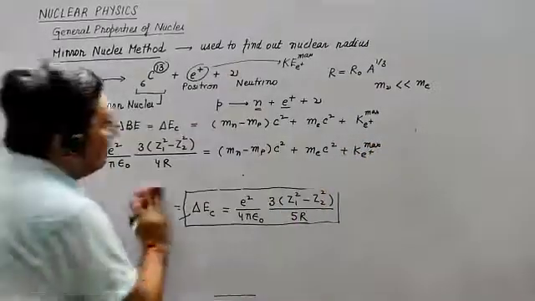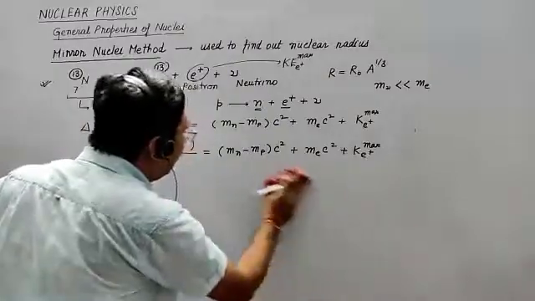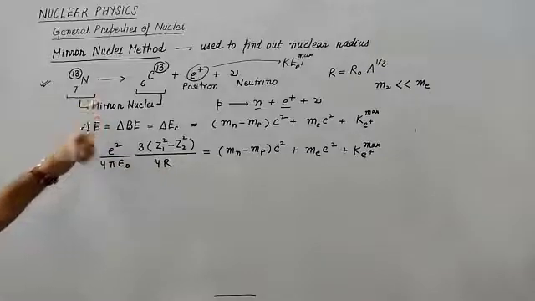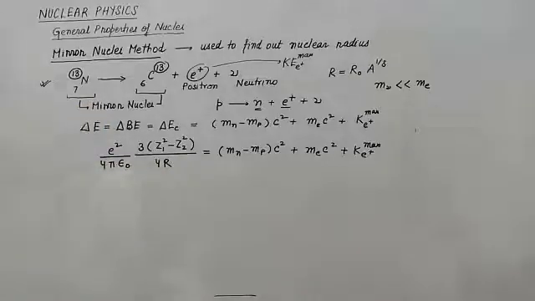So this is my final equation. Now by solving this equation, one can find the radius of the mirror nuclei.